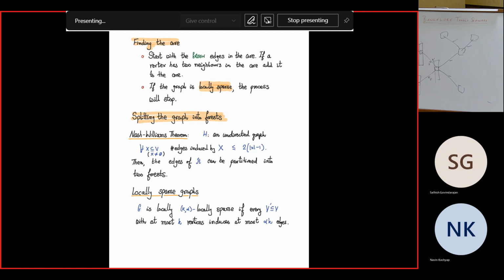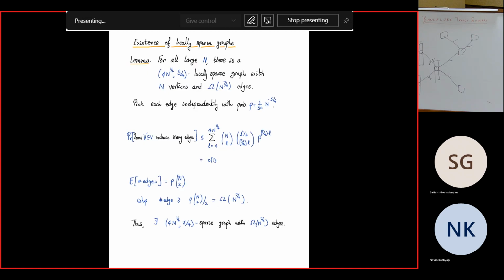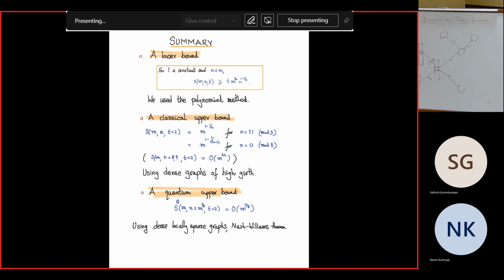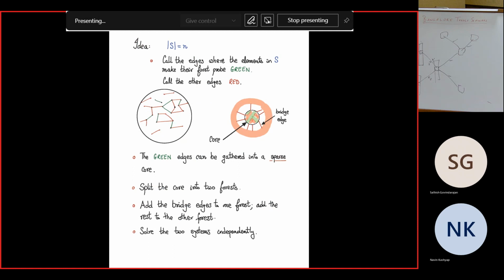We will make use of this theorem. We will take a randomly constructed graph with the property that it is locally sparse. We have these elements that we want to store; those are the green edges. If the graph is sparse, then there is a region, which I call the core, where all the interesting edges are kept.